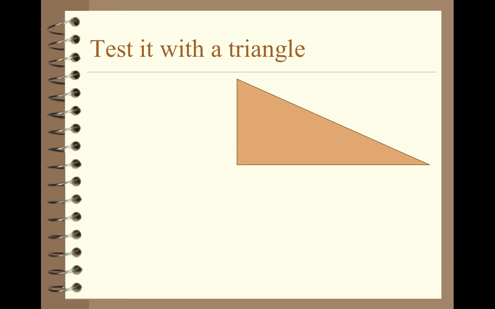So if I was to test it with the triangle, I'm just going to throw some numbers on here for you. Let's say this hypotenuse is 13, let's make this 5, and let's make this 12. I want you to find the sine of, let's label some of these angles, we'll label this angle B, and this angle A. So if I wanted the sine of A, remember, it's opposite over hypotenuse.